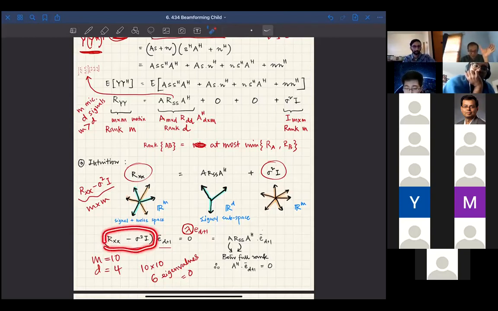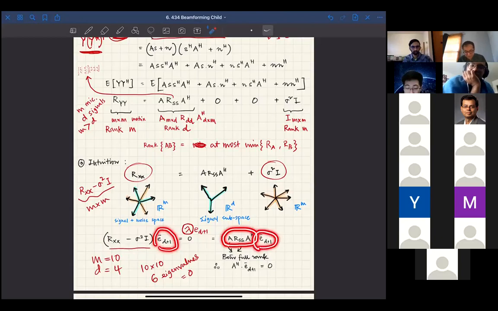This A with this x equals 0 times x. So this 0 is the eigenvalue. That means this must be an eigenvector that takes it to 0. Which means this eigenvector must also take the right-hand side matrix to 0, because if you multiply the left-hand side with this eigenvector, the right-hand side will also be multiplied by that eigenvector.